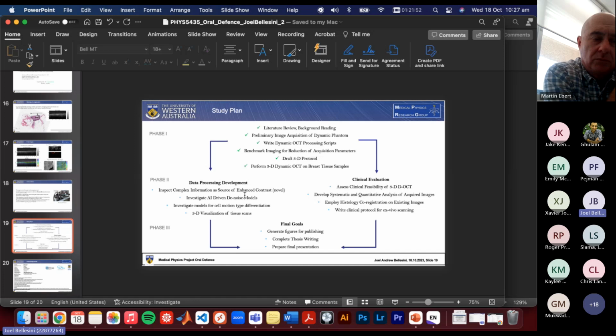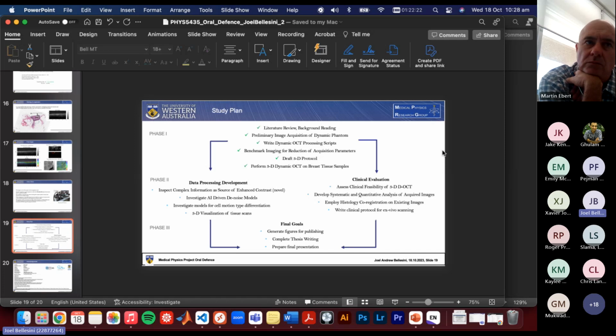The main focus of this project is the clinical evaluation step. That side of the project is a little bit more compelling and more overarching in terms of the lab's overall goals. So that will be assessing clinical feasibility, how far we can push 3D d-OCT into something that is clinically feasible and reliable for the desired outcome.